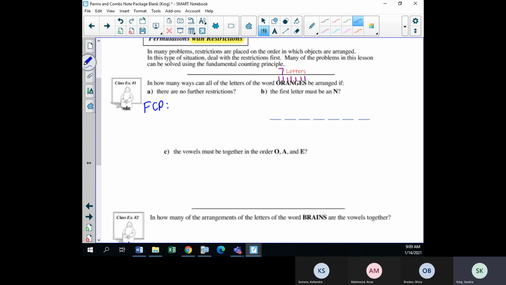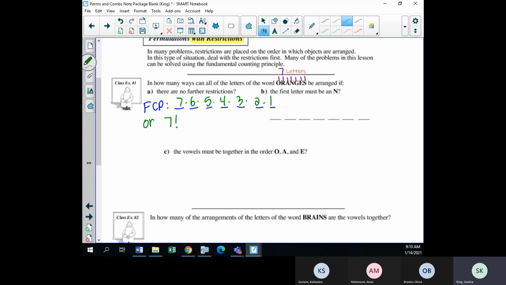So with the word oranges, you could have set up 7 different stages, 1, 2, 3, ... 7, and then you could have said 7 times 6 times 5 times 4, 3, 2, 1. You could type that in on your calculator, or we could have done 7 factorial, and that would give you your answer. That would probably be more efficient, okay?